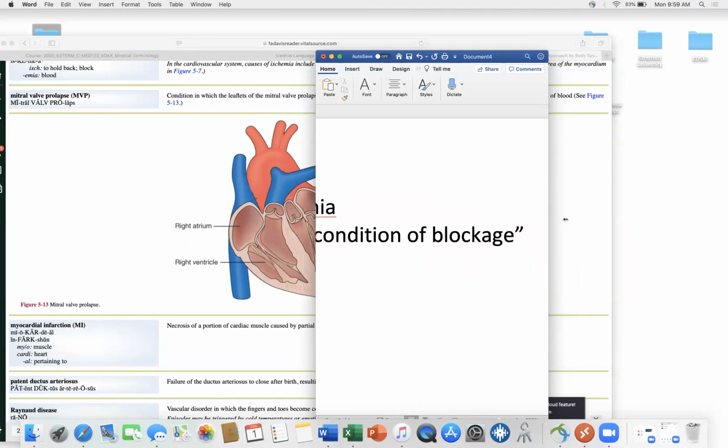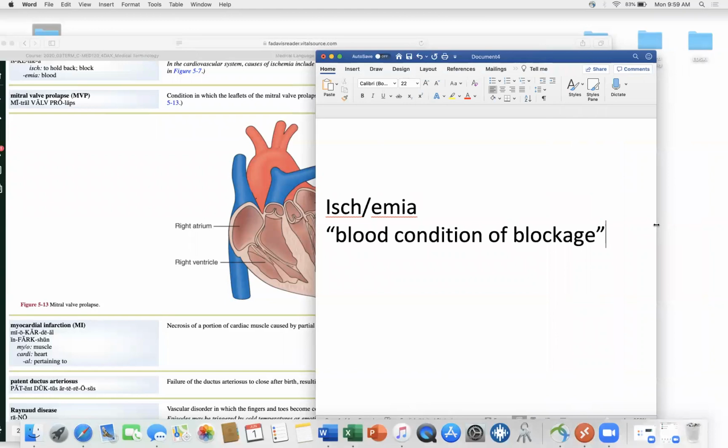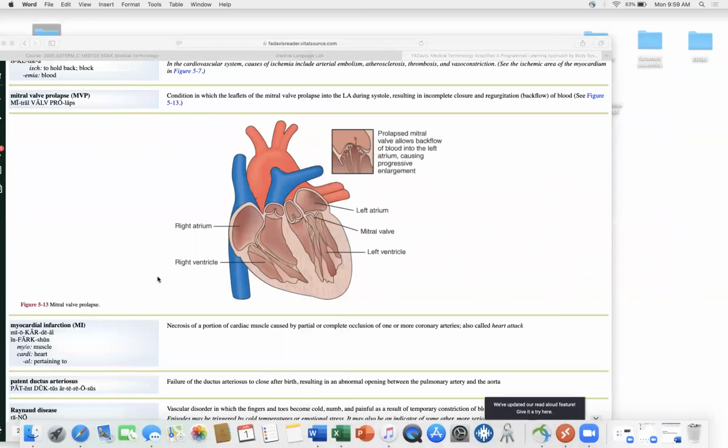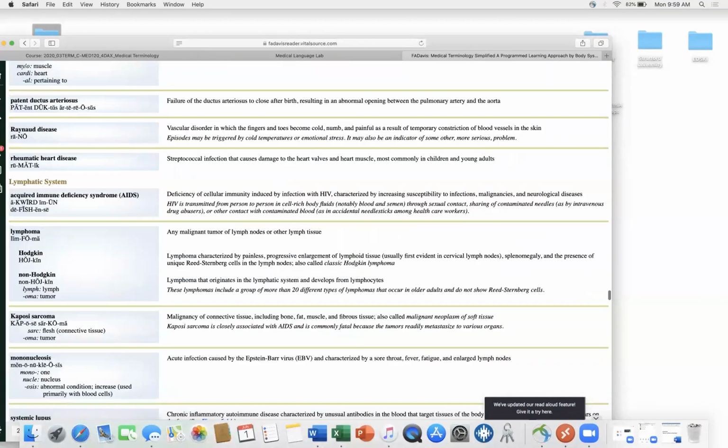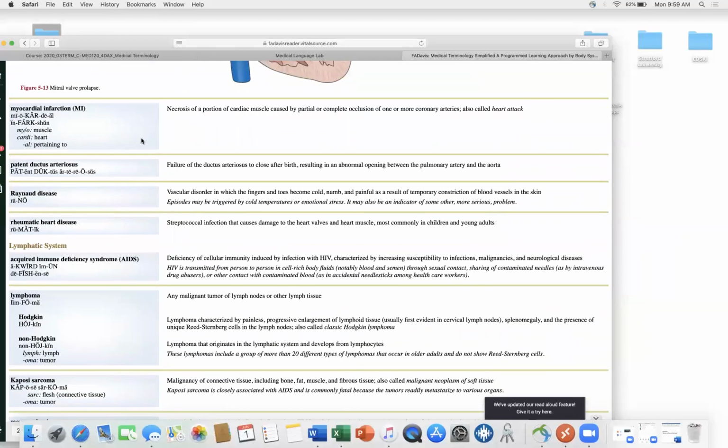Let me open this up so you can read it. Okay? So that's what ischemia is. And that's not good, because then it leads to things, right? MI. So that's ischemia. It's like a deficiency of blood flow. And then your patient's going to have some signs and symptoms, and it's in the best interest to tackle that.